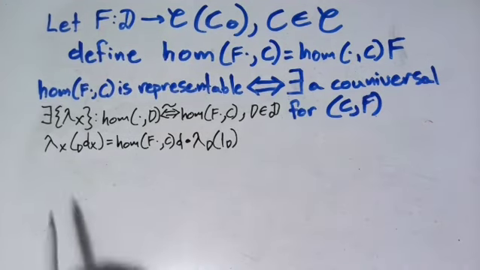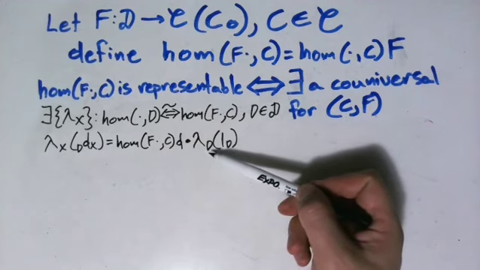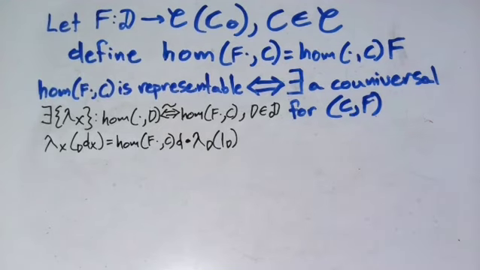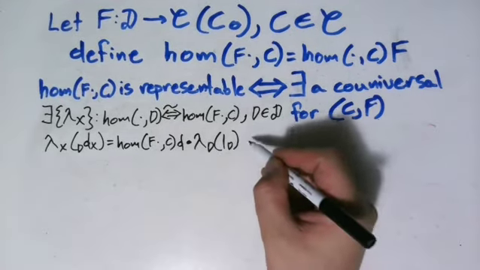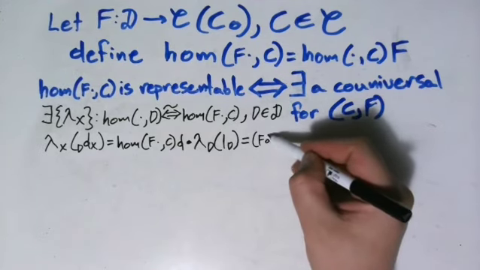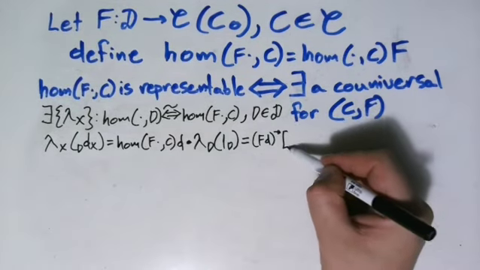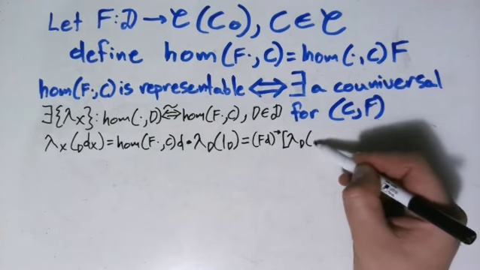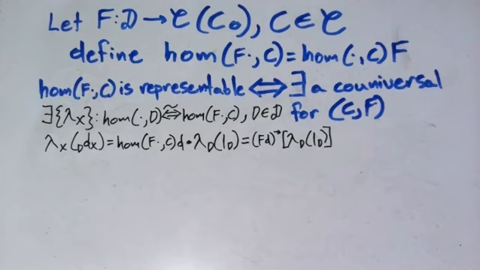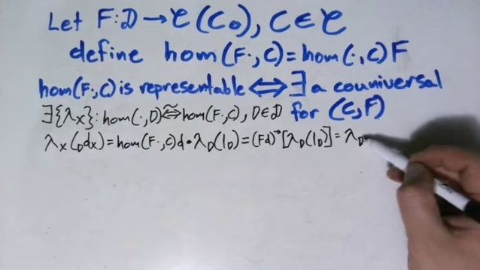So these natural transformations depend only on the value that the d component of lambda assigns to the identity on D. While we saw that this functor applied to D is going to be F of D preceded by, and that's going to be applied then to lambda d 1d, which is going to be equal to lambda d 1d after F of d.